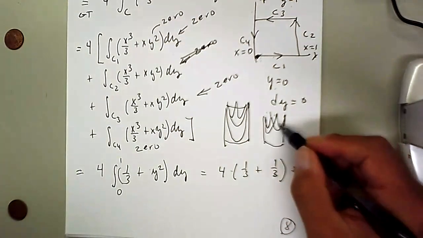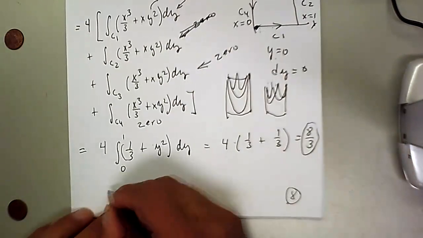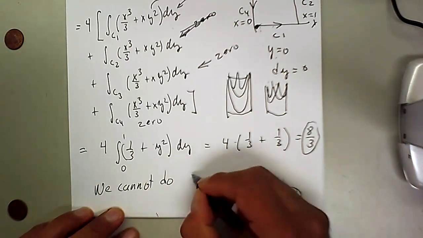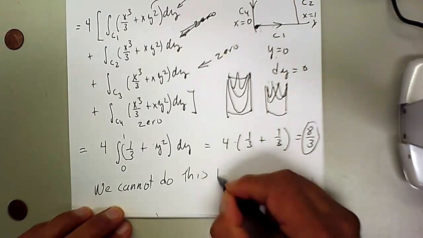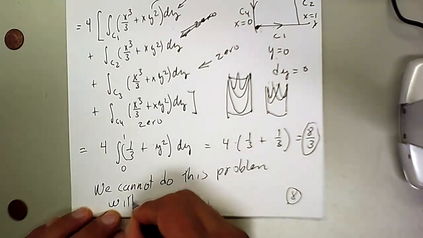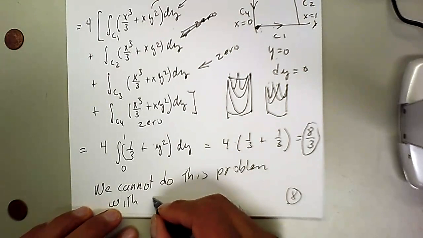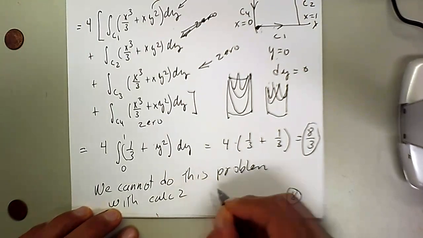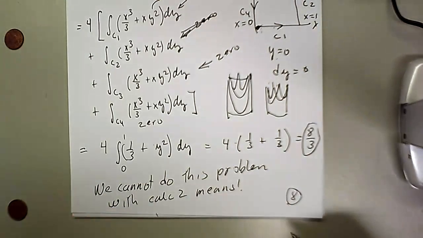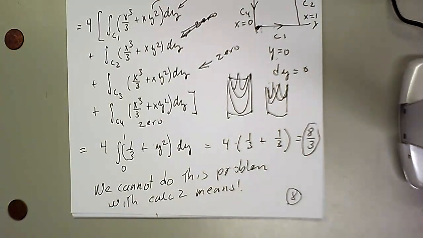So we cannot do this problem with, I would call it calc 2 means, as we did in the previous example. So not everything can be simplified.